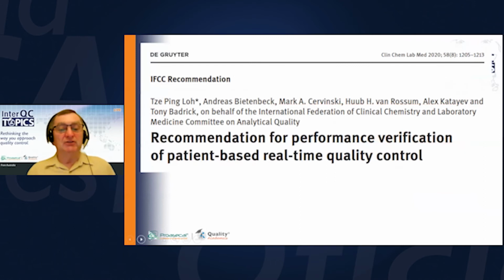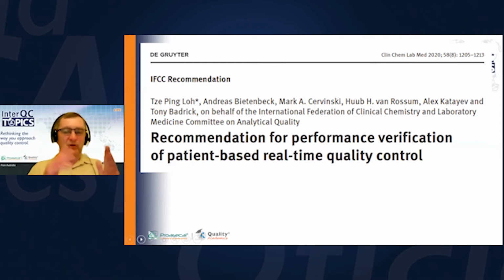So validate. Once you've got the optimal algorithm, how do you, in fact, prove to somebody, mainly yourself, but also to any external agency, that I've validated my data? And these are some recommendations for how you do that. But I always think about the question: the current QC that you use, Westgard rules, they haven't been validated.